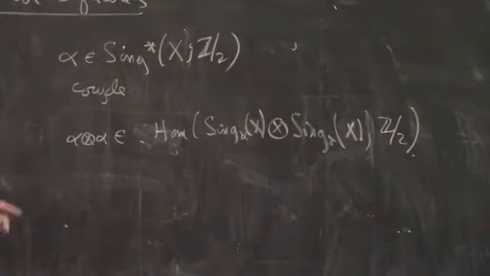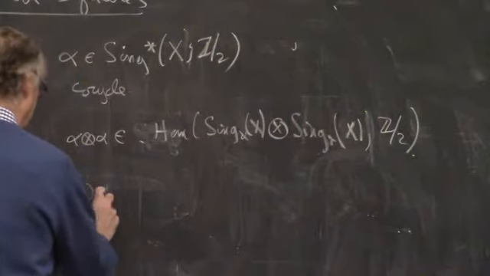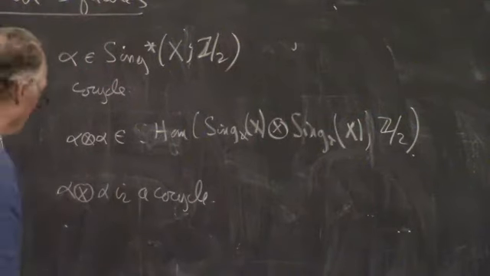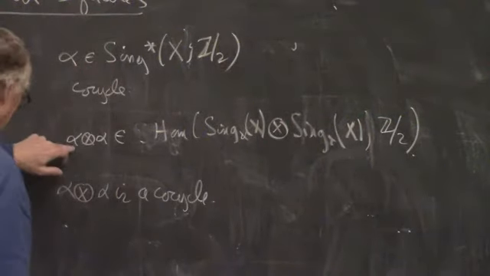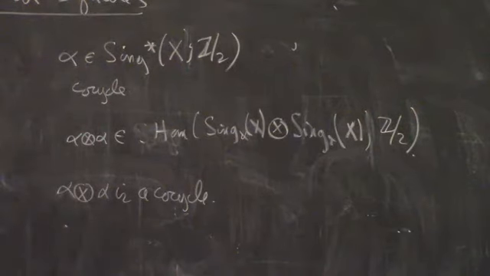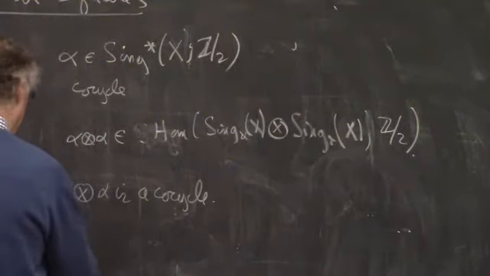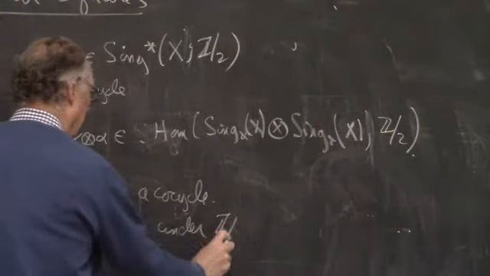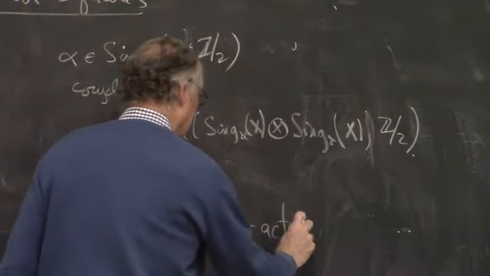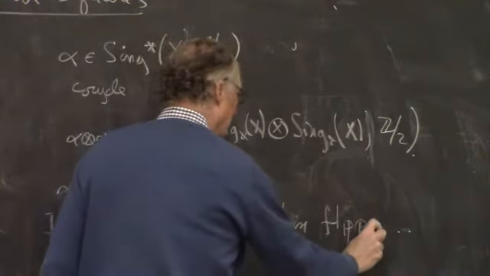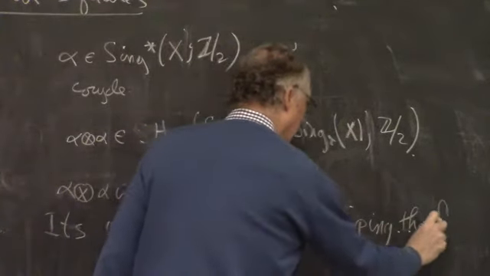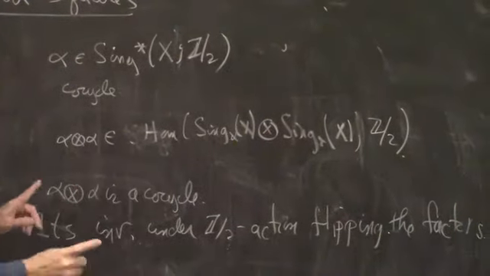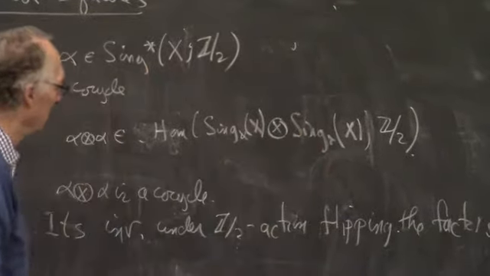Now, alpha tensor alpha is a cocycle because of the boundary formula: boundary alpha tensor alpha plus alpha tensor boundary alpha. It is a cocycle, and it is invariant under the Z2 action flipping the factors. The involution on x cross x acts on the same tensor set.